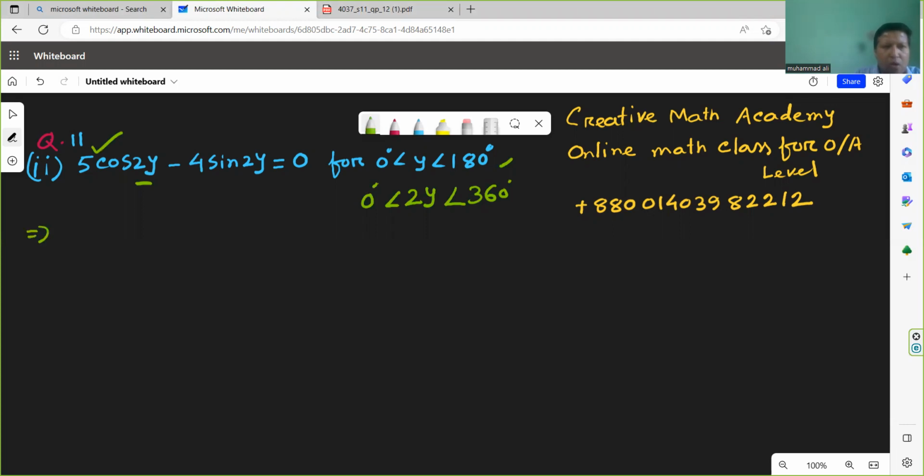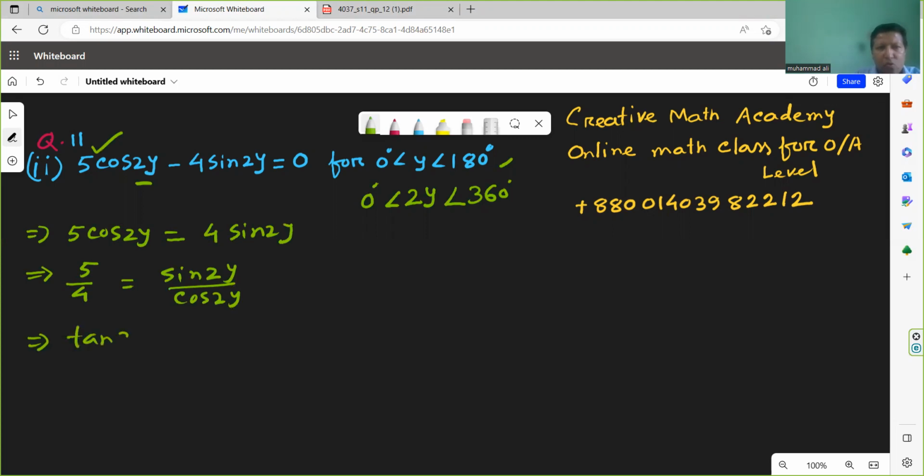So now for this maths, our interval is 0 degrees to 360 degrees. Now, if we write 5 cos 2y equals 4 sine 2y. Now 5 by 4 equals sine 2y divided by cos 2y. So finally tan 2y equals 5 by 4.